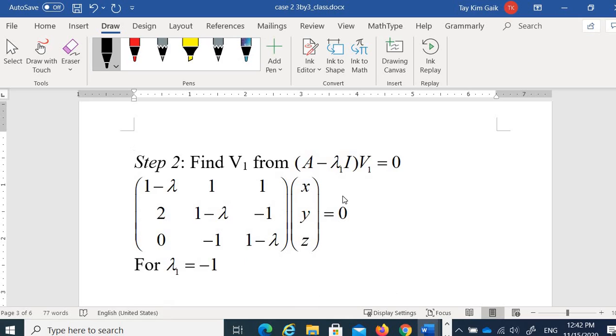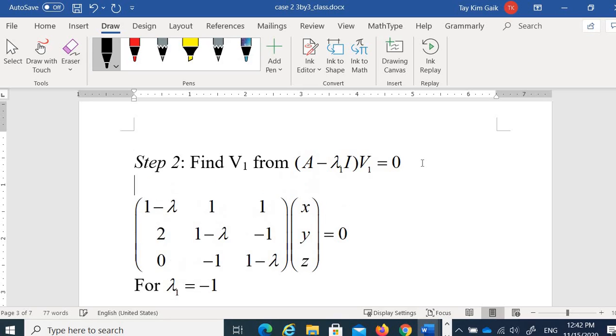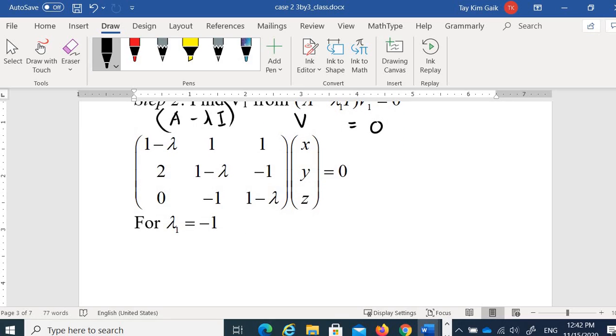To find v1 from A minus lambda 1 I times v1 equal to 0. This one is actually your A minus lambda I in general, times v equal to 0. Replace your lambda 1, which is negative 1, into the general system A minus lambda I equal to 0. Then you will have lambda 1 is negative 1, so 1 minus negative 1, slowly, you have 2.